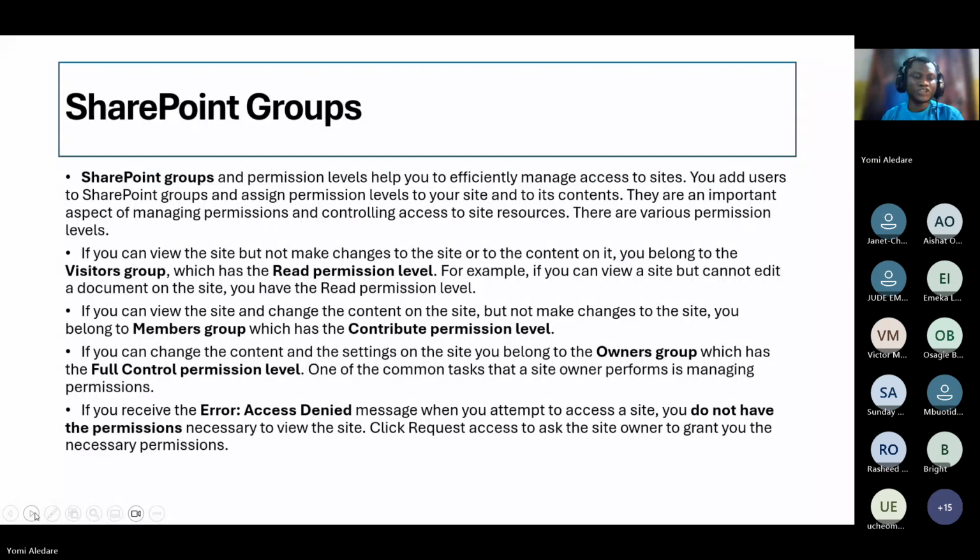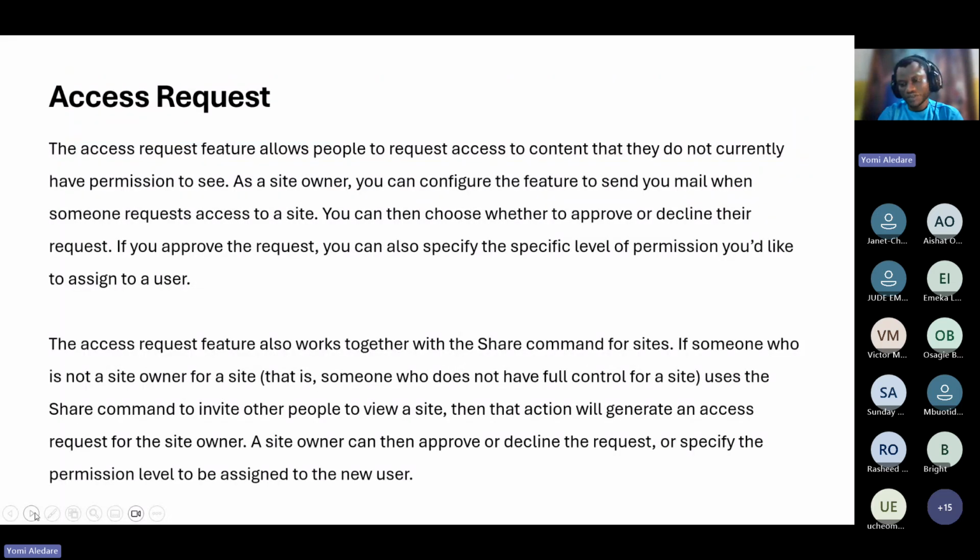Having said this, the access request feature is also available. So, for instance, you are a new employee in an organization, and you get assigned a task, and the file is in a location that you don't have access to.